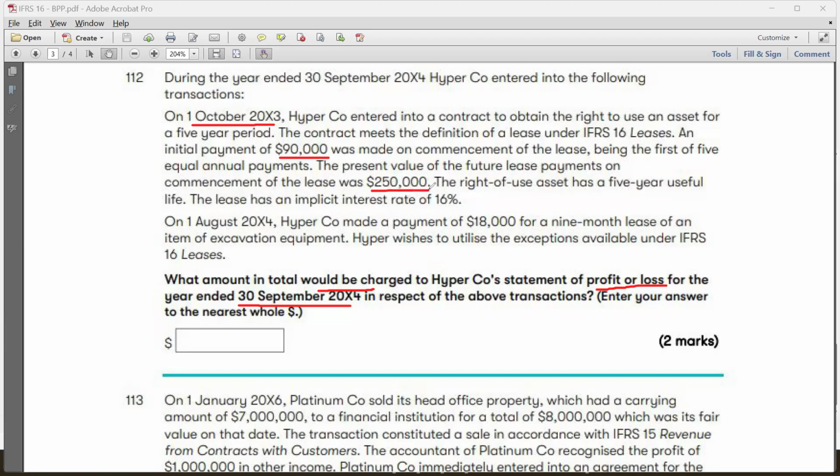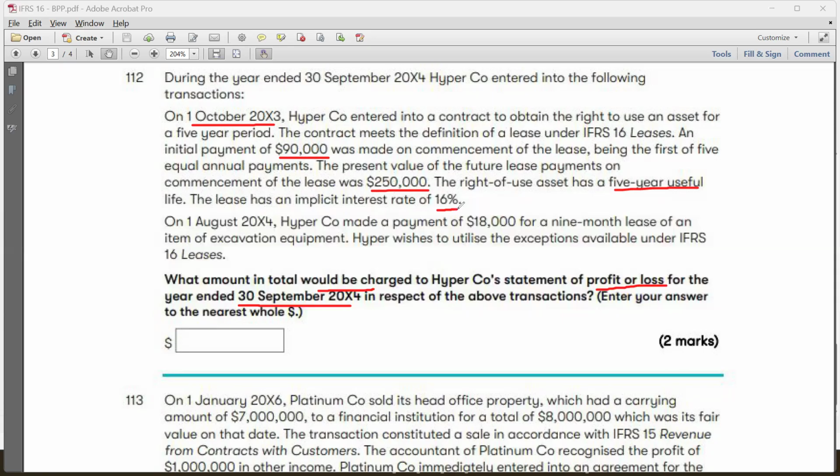So when it comes to the calculation of interest, it will be based on 250,000 because this is the present value of the future lease payments. The right of use asset has a 5-year useful life. The lease has an implicit interest rate of 16%.